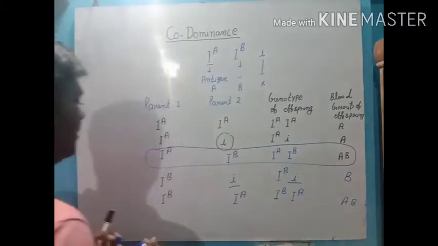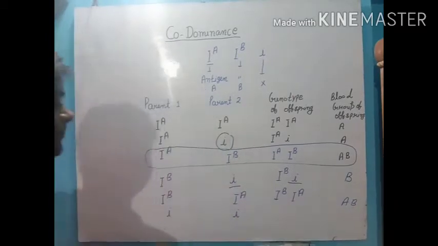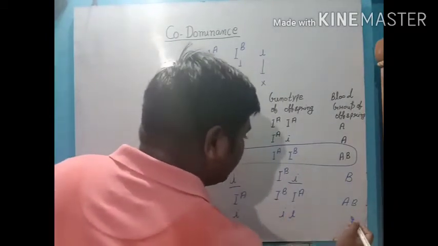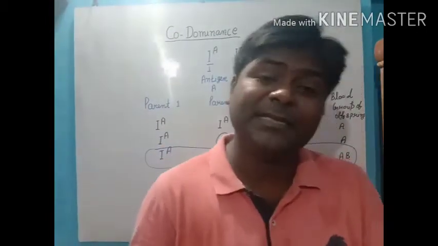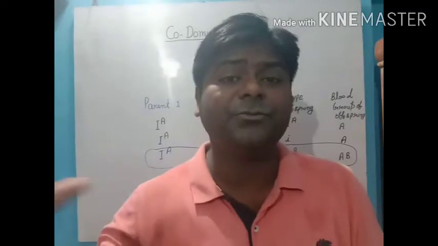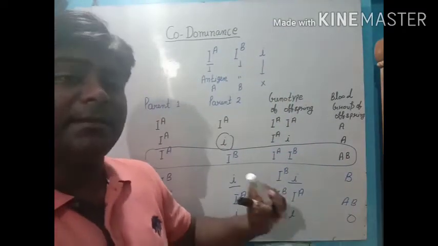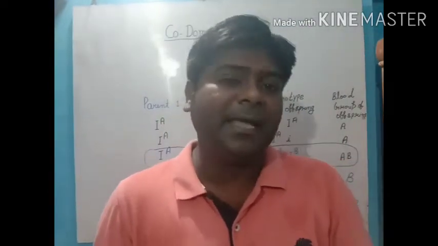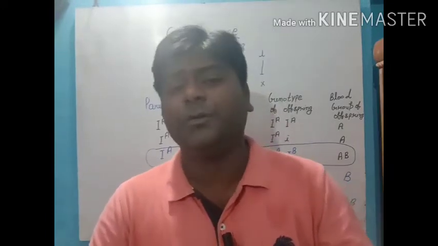AB. Whenever we have this one, both are recessive, what is the genotype, what is the blood group? O. Because when both recessive alleles are there, we have the formation of blood group O. So in case of the offspring, blood group O is present. That is the concept, my dear students. It is very easy to understand.